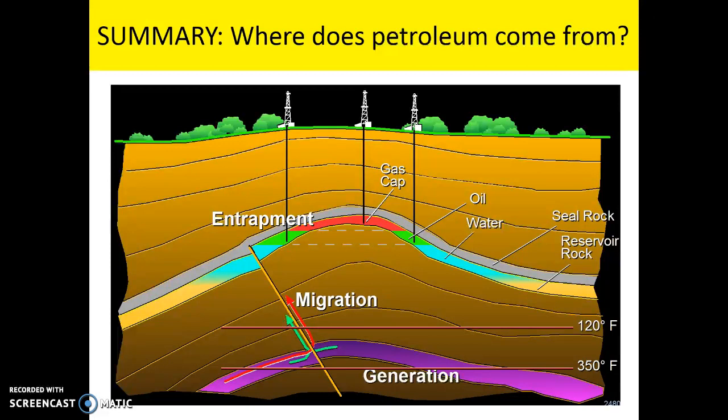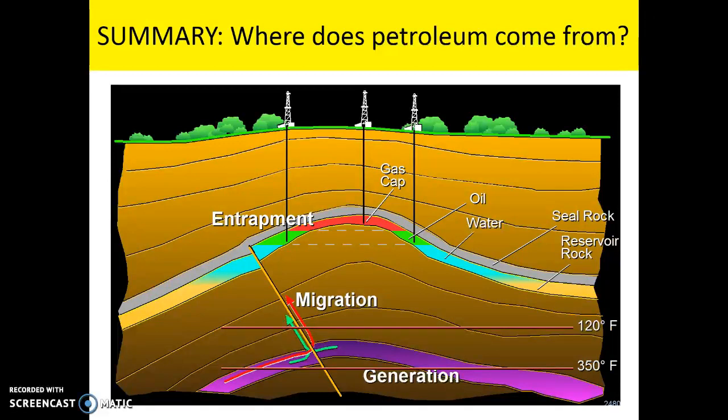So the source rock is the rock that can generate the oil, and later expel the oil into the carrier beds, right? And that petroleum later will migrate into the reservoir rock. So the source rock can be 10 kilometers away from the oil field.